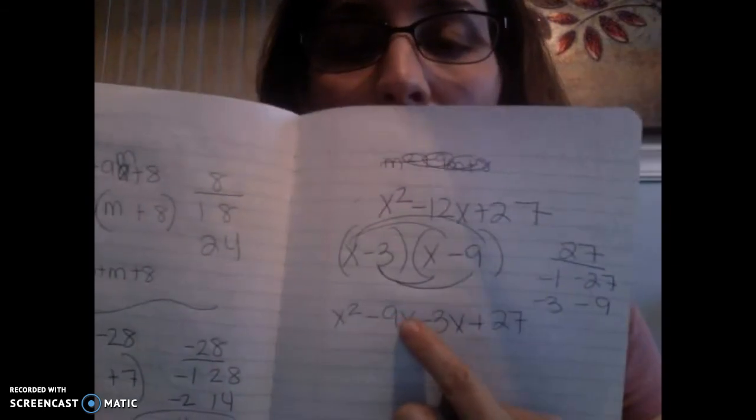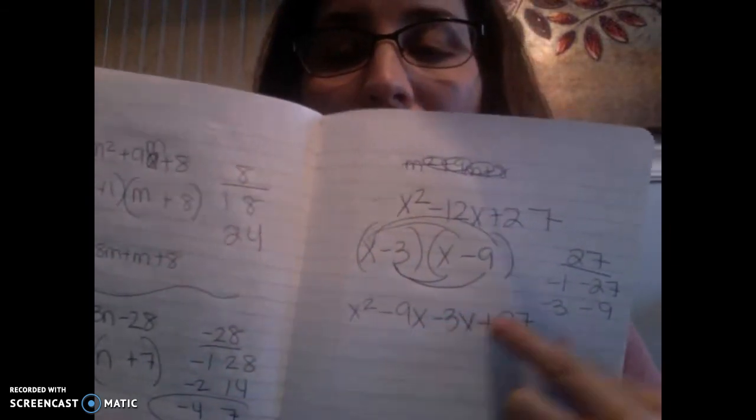So negative 3 times x is negative 3x, and negative 3 times negative 9 becomes positive 27. So this is where I'm at, okay? Like terms here, don't forget this, right here in the middle. Negative 9x subtract 3x becomes negative 12x. So now I have x squared minus 12x plus 27.